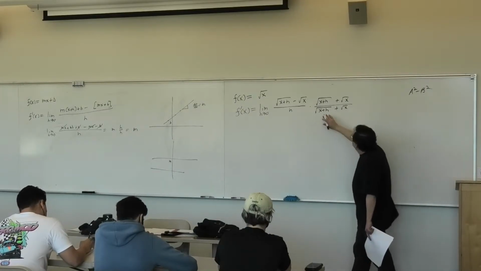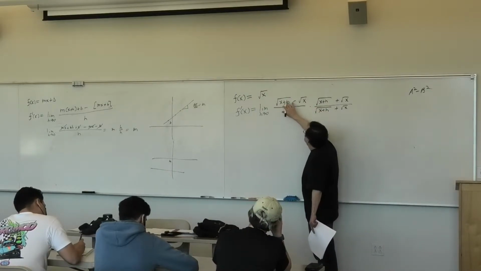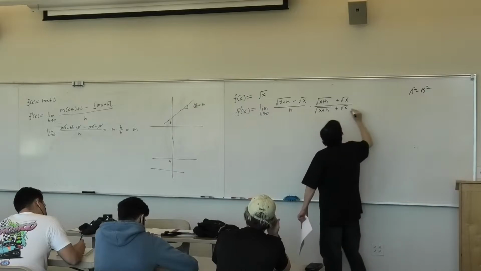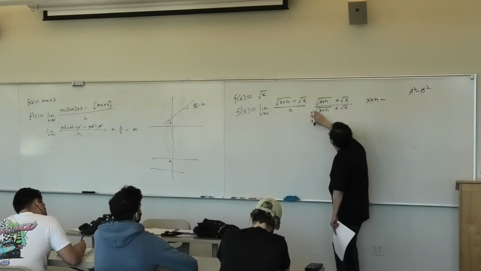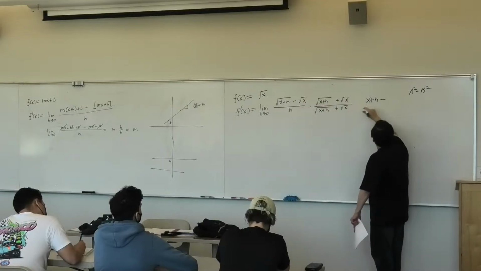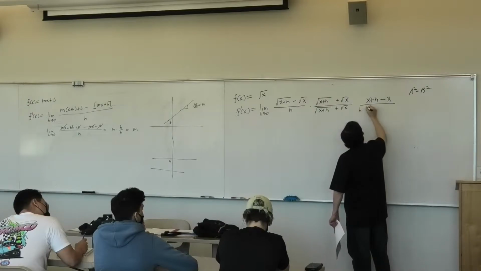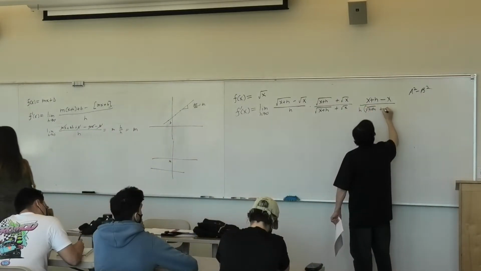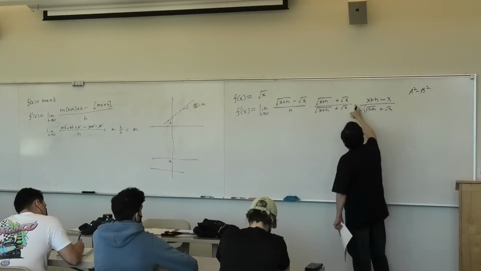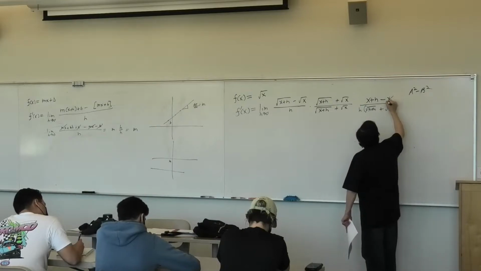And what do we get? We get square root of x plus h squared, which is x plus h, minus square root of x squared, which is x. And on the bottom we have h times square root of x plus h plus square root of x. Again, with the limit. All right, the x's cancel.